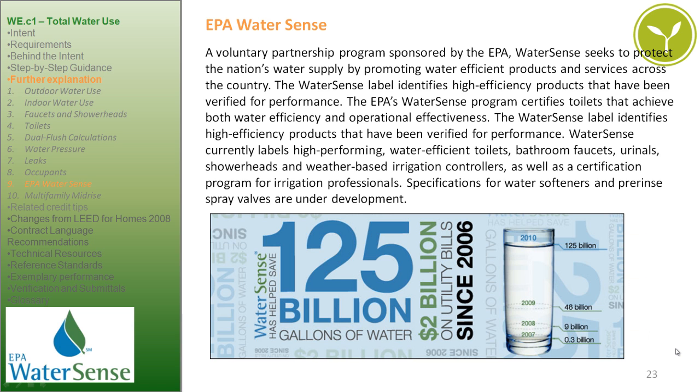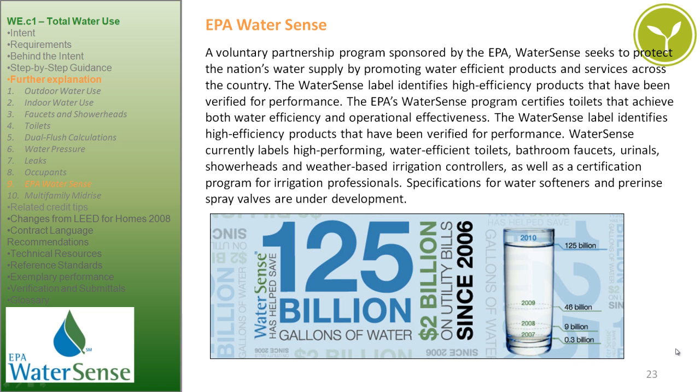EPA WaterSense. A voluntary partnership program sponsored by the EPA. WaterSense seeks to protect the nation's water supply by promoting water-efficient products and services across the country. The WaterSense label identifies high-efficiency products that have been verified for performance. The EPA WaterSense program certifies toilets that achieve both water efficiency and operational effectiveness.